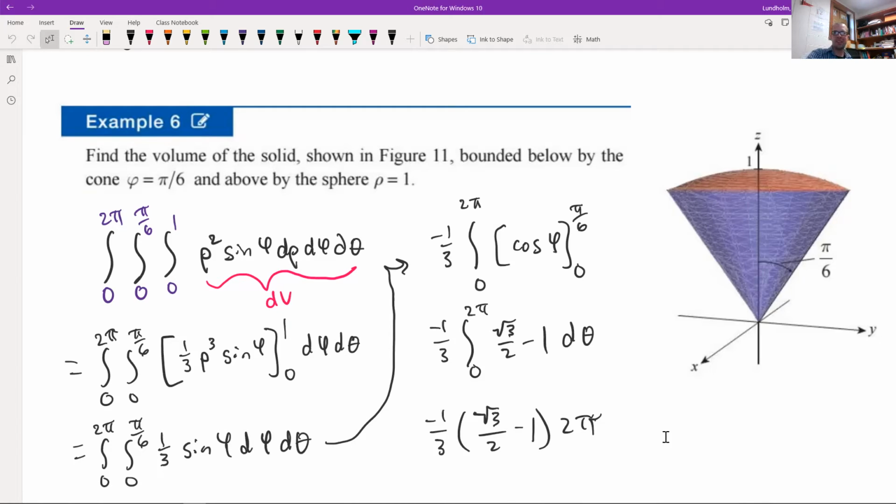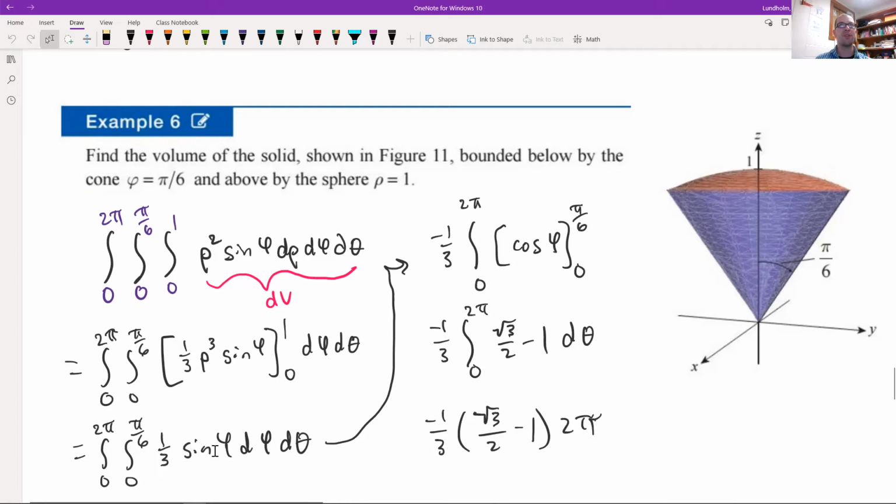Oh man. I guess that's fine. It looks a little bit suspicious because is this going to be a negative answer? I guess that negative is introduced when we take the antiderivative of sine of phi.